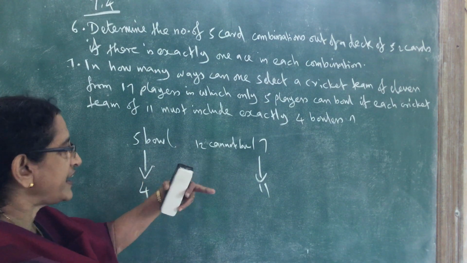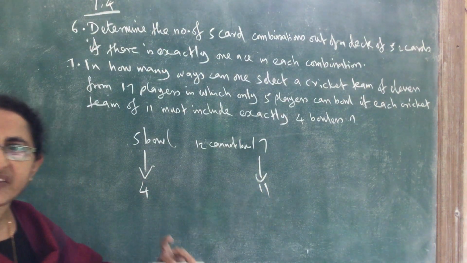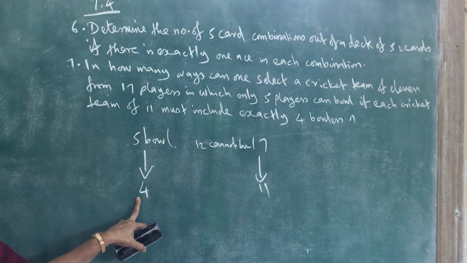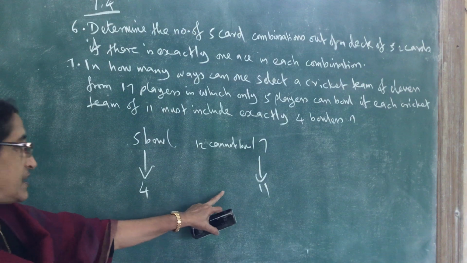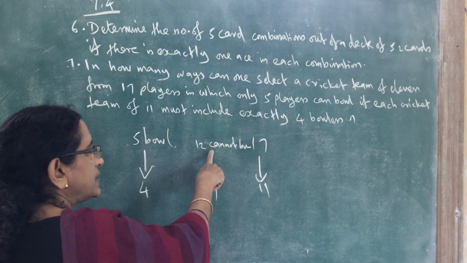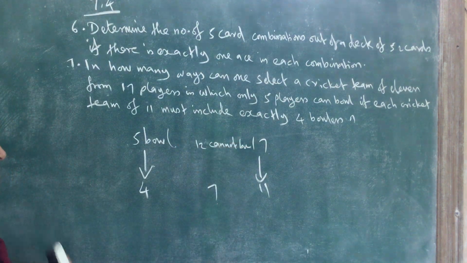And total 11 we need. 4 are bowlers and the remaining 7 can be selected from the 12 who cannot bowl.